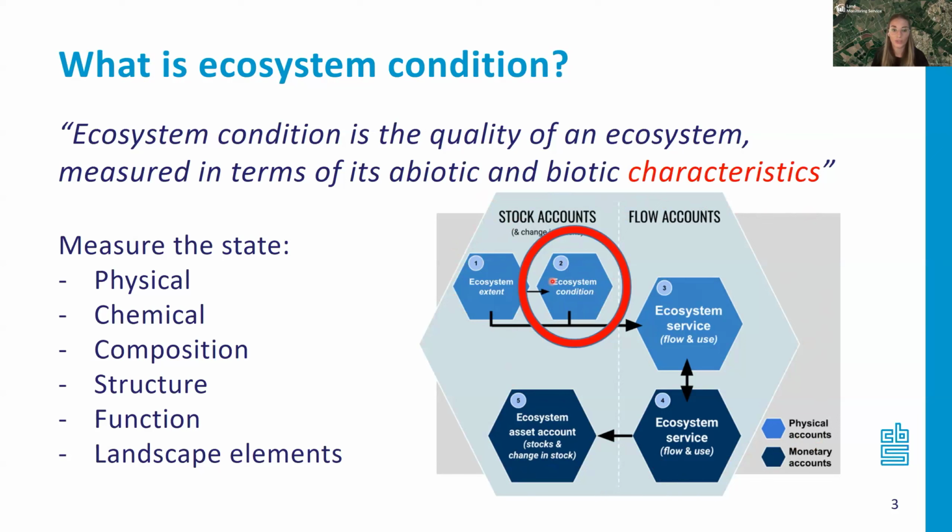We can see that together with the extent and condition, there is a flow of ecosystem services. But to simplify this part of condition, we can say that it shows the current state of ecosystems in terms of their physical and chemical state, their composition, their structure, their functioning, and their landscape elements.